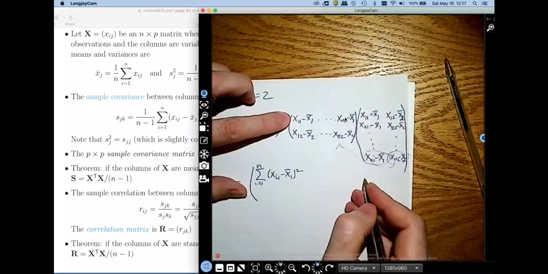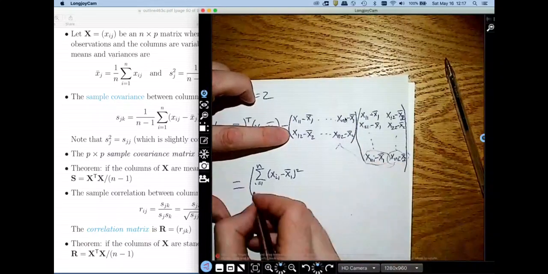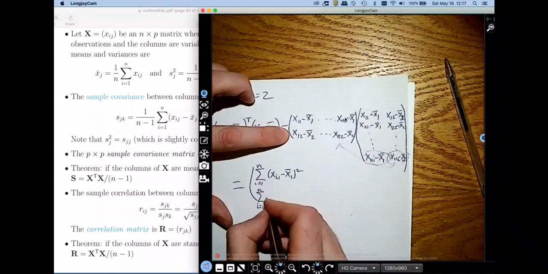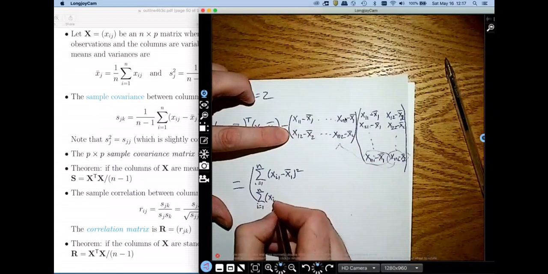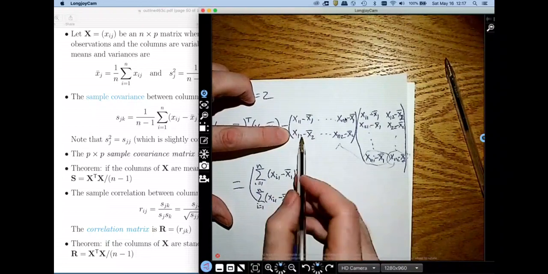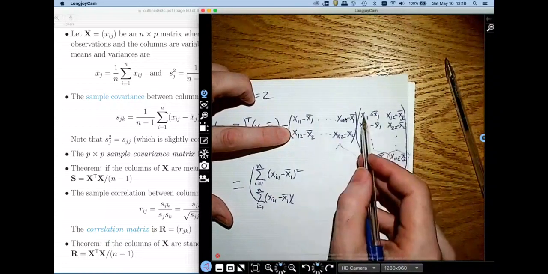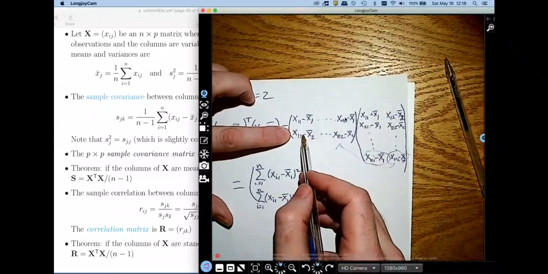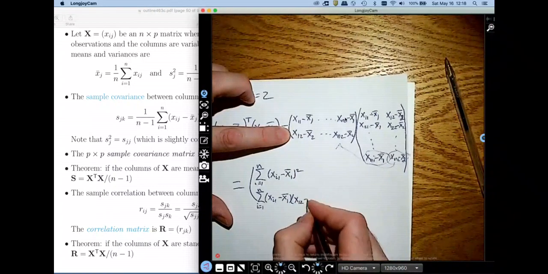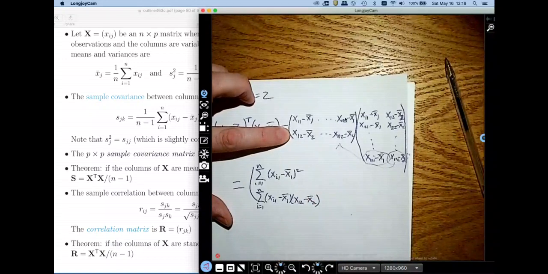That's the first entry. Now let's do the second entry. This one is going to be the sum, again i equals 1 to n, of xi1 minus x bar 1. That's that term. Now we have to multiply it by this term, x12 minus x bar 2.